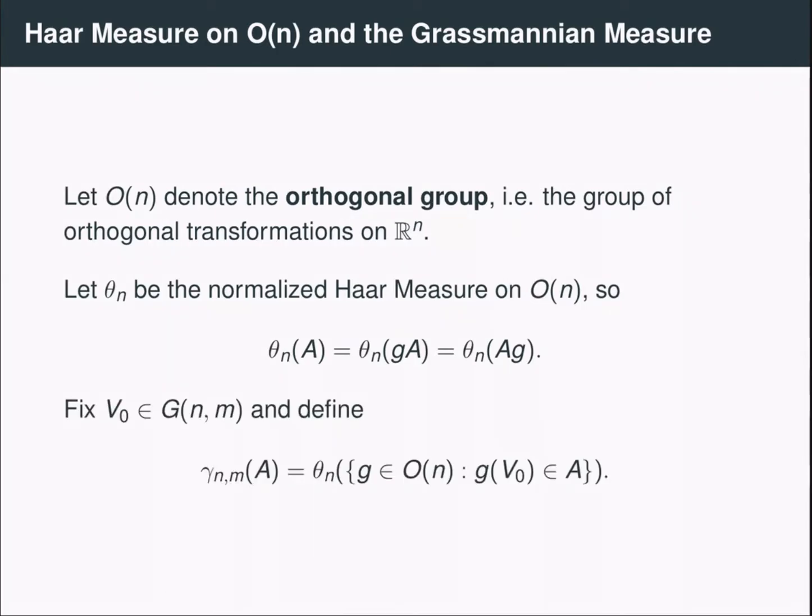Using Haar measure on the orthogonal group, I can define a measure on the Grassmannian. First of all, I fix a plane V0 in G(n,m), and I define my Grassmannian measure of A to be the Haar measure of the set of orthogonal transformations such that the image of V0 under the transformation is inside the set A.